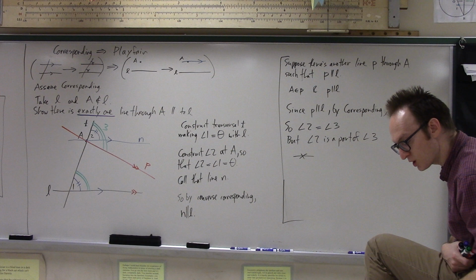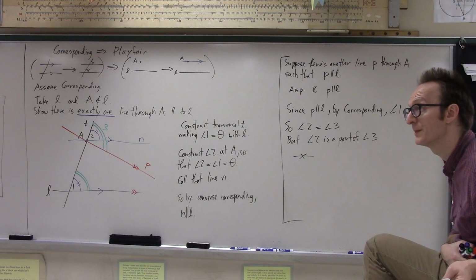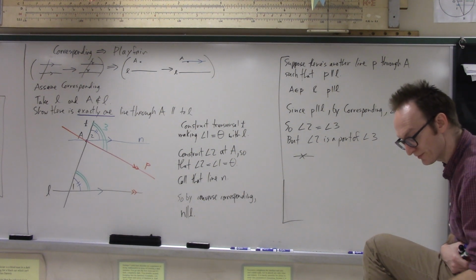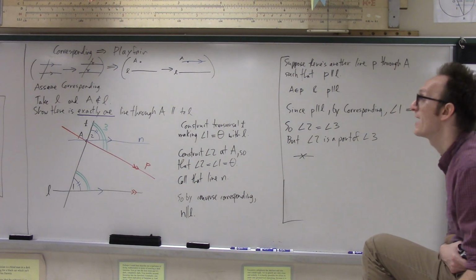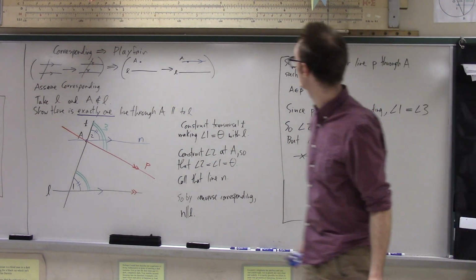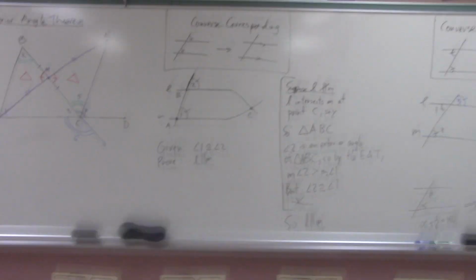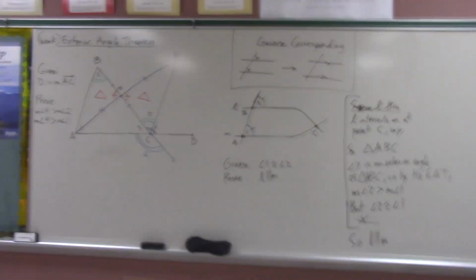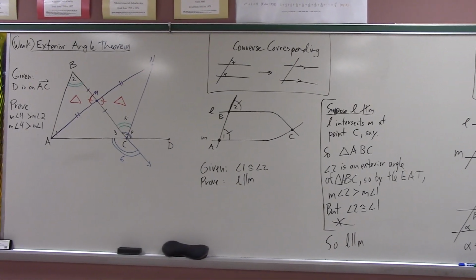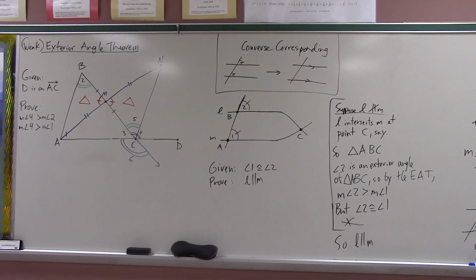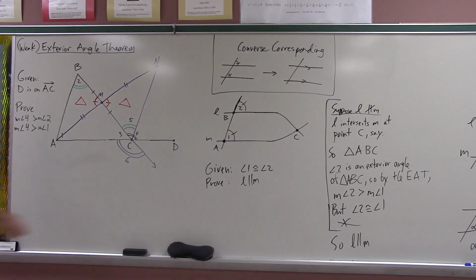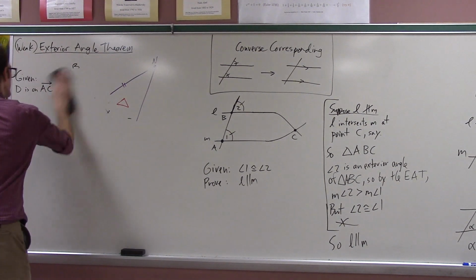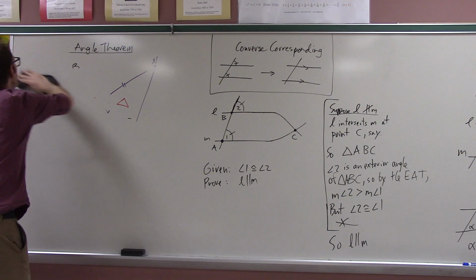All right, one more to go. Moving right along is the third one, that Playfair implies Euclid. Okay, let's kind of flip back over here and give me a second to erase. This is taking a lot less time than I thought.